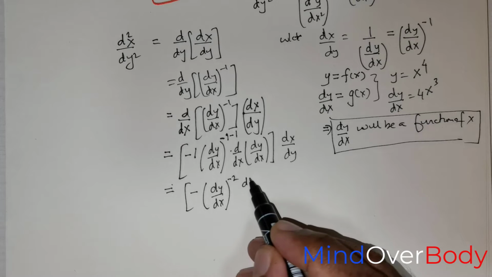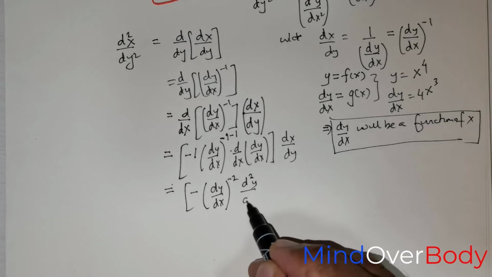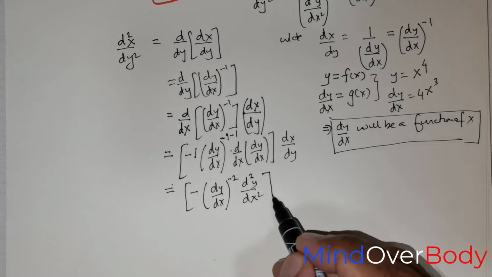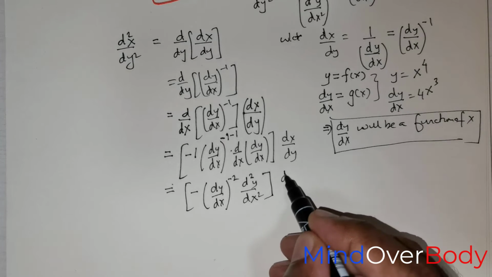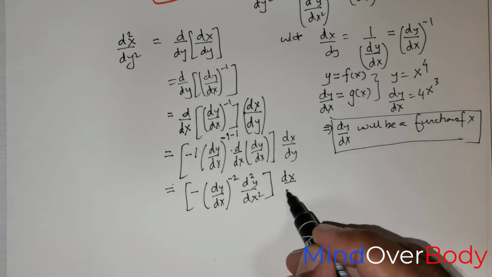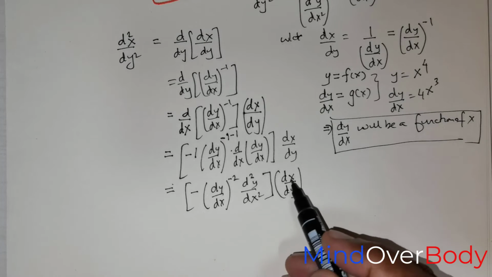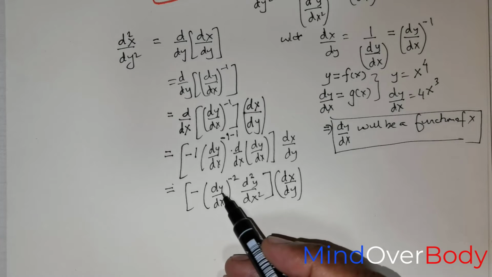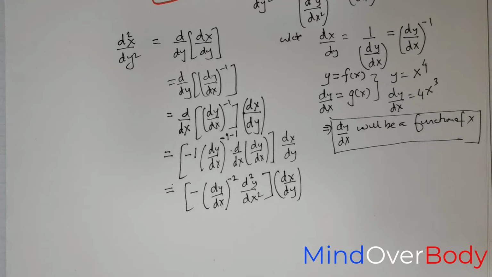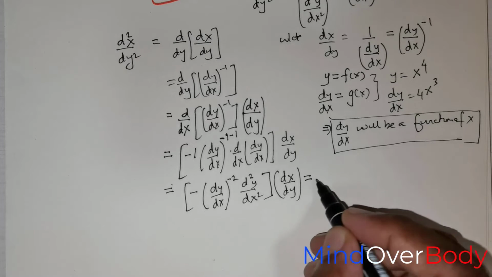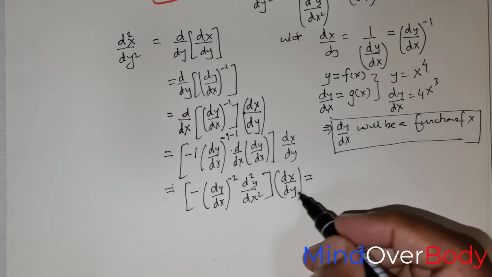So in this case, this is going to become d squared y over dx squared, simple as that, and close the parenthesis. So now you have got dx over dy. Now we need to do something now, because dx over dy is here, but we have got dy over dx, so we have to again rewire certain components. So in this case we are going to rewire this.